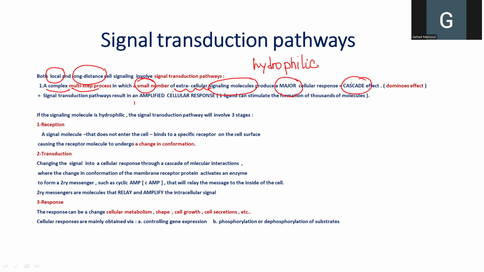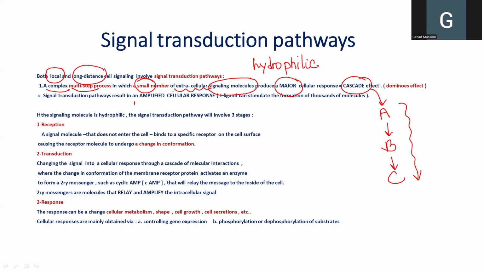And this is why we call it a cascade effect. A cascade effect does not only mean that reaction A will stimulate B or B will stimulate C, but that there will be an amplification of the response. Like in dominoes, when the first piece of domino falls, it results in the successive fall of the other pieces. So at the end of the day, all of them will fall down.